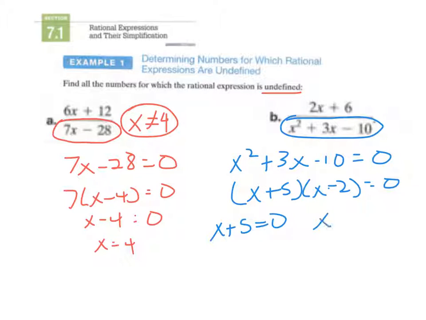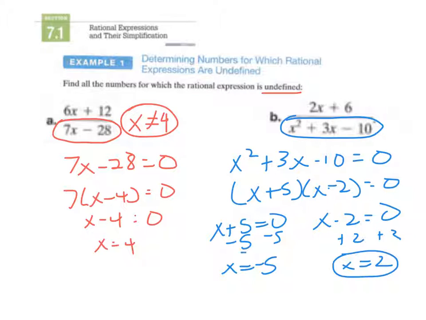So if I'm setting each factor equal to 0, I would subtract 5 for this, and I get negative 5, and I would get x equals 2. So these two numbers would make this denominator 0, and since they make it 0, those are the two numbers it cannot be. That would make it undefined.